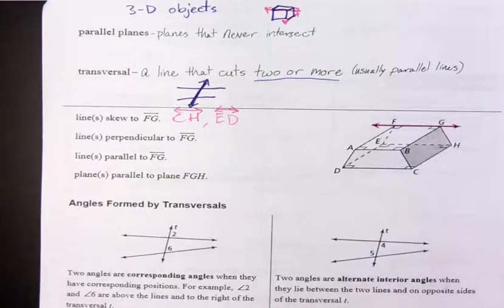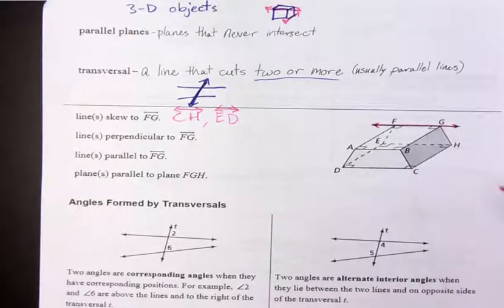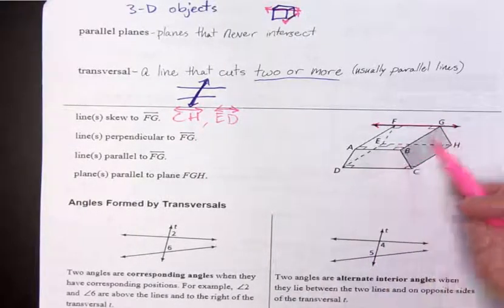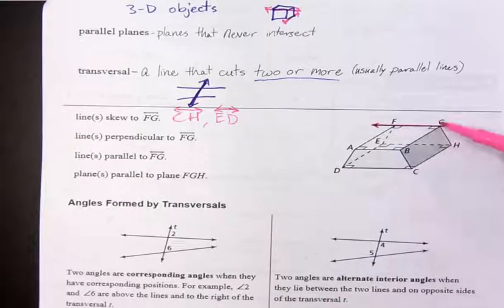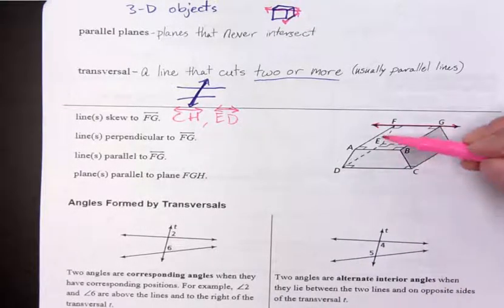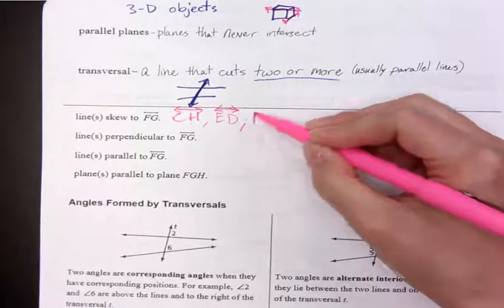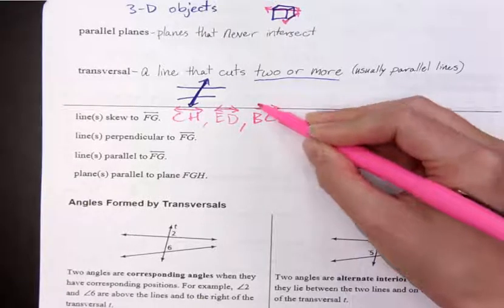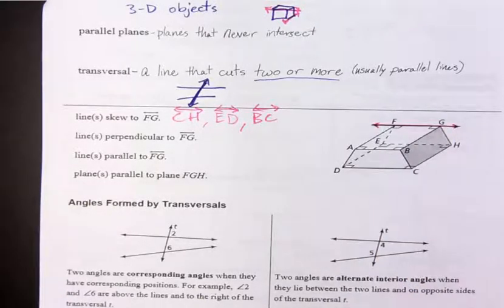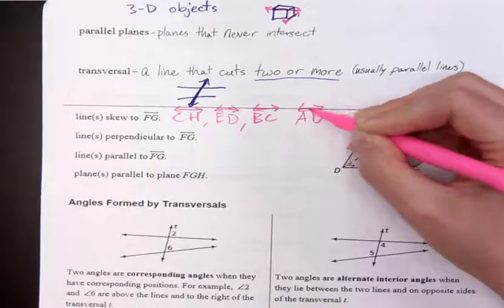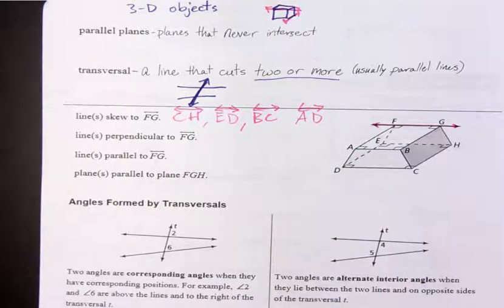Was there another one? DC. But DC, I know it's on a lower plane, but it could be counted as parallel because we have that EC, if we're going with theoretical lines, not ones drawn here. The BC, definitely, yep. And what other one? AD. And I think that's all of them that we have there.